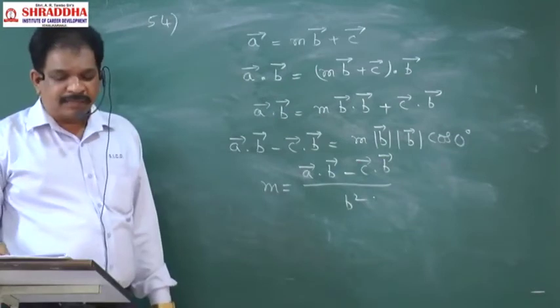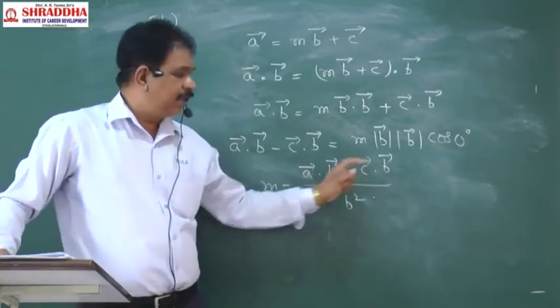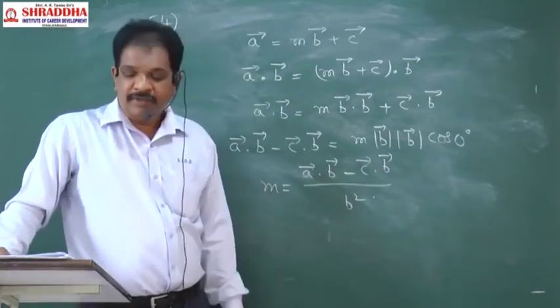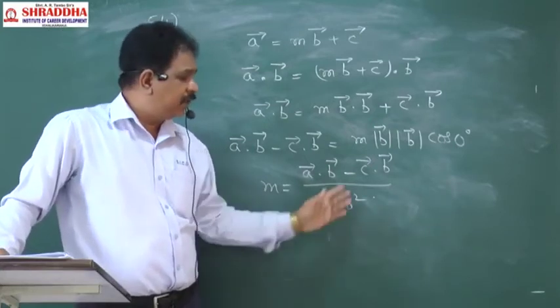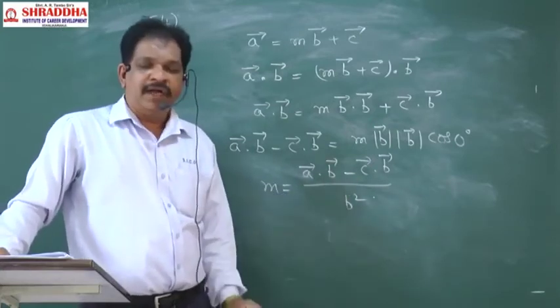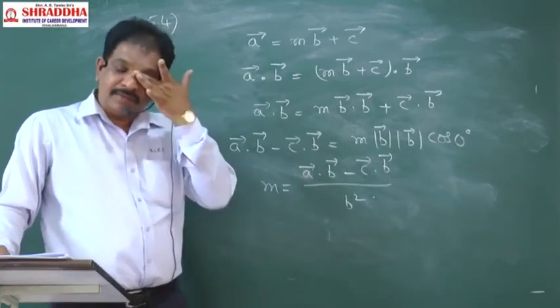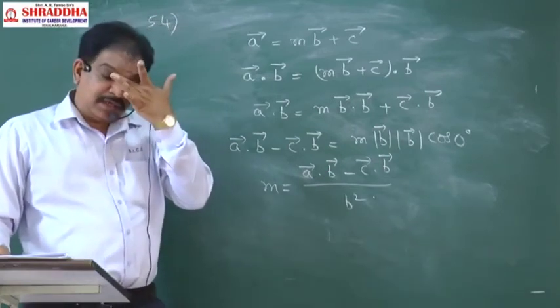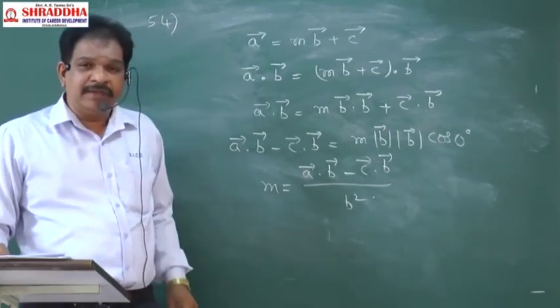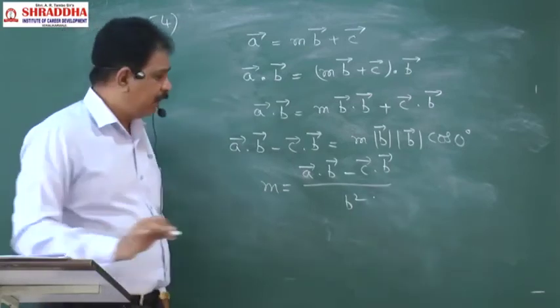But C bar dot B bar is there in the answer as B bar dot C bar, both are the same. The dot product obeys the commutative law: A bar dot B bar is equal to B bar dot A bar.